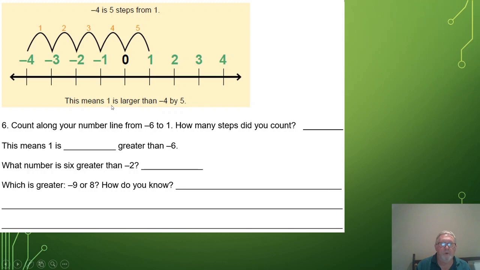This means that 1 is larger than -4 by 5. 4 there and 1 more there. Yes, it is 5 larger.